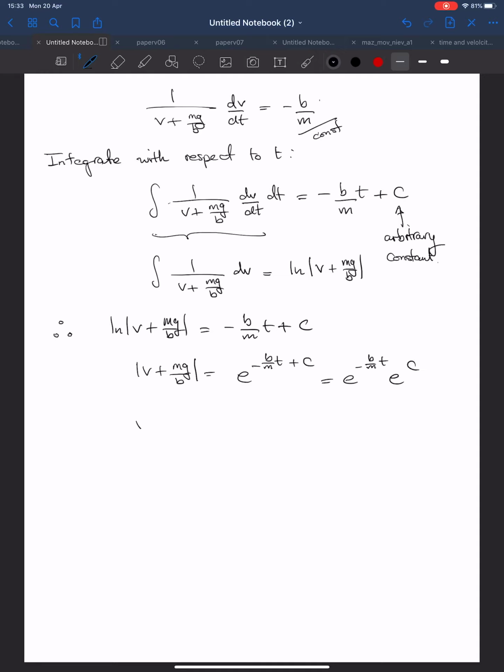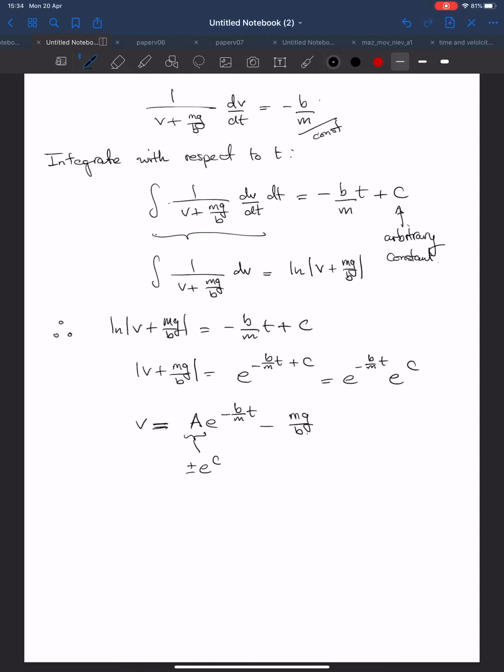Okay, so this tells me that I have A e to the minus b over m t, if I'm not wrong with the signs. So what about this? Well, this A is basically connected with our arbitrary constants. It's just plus or minus e to the c. Okay.